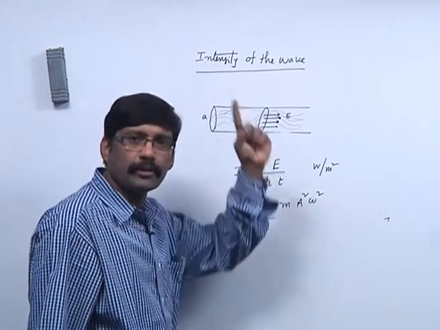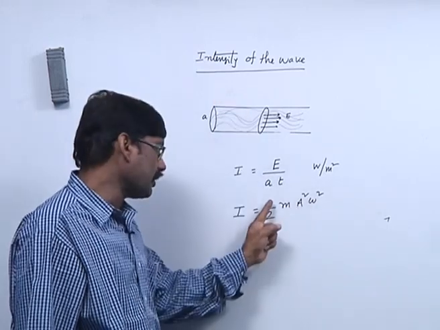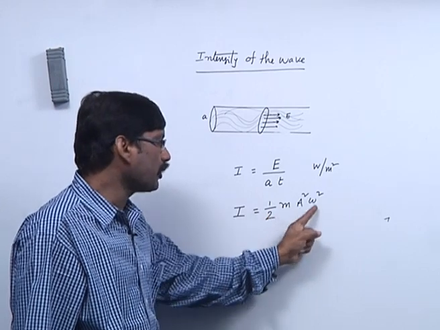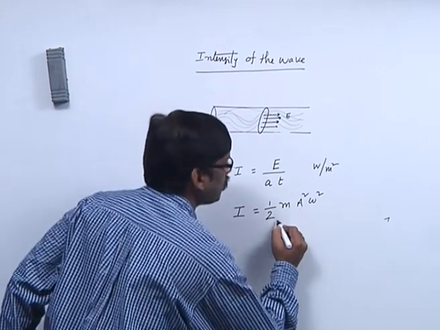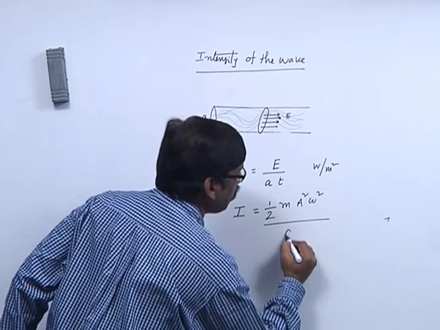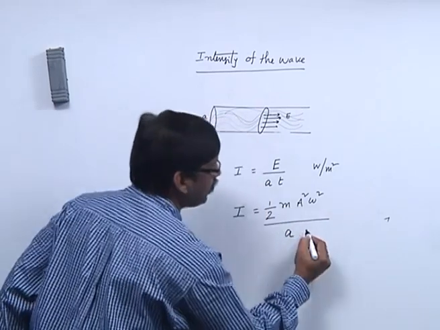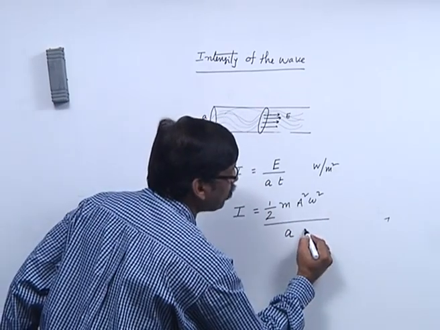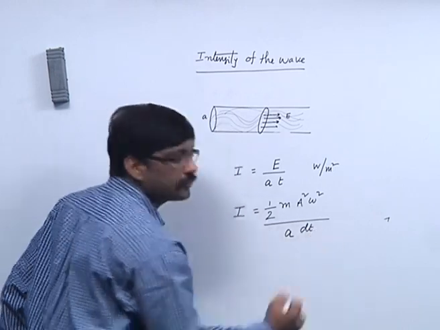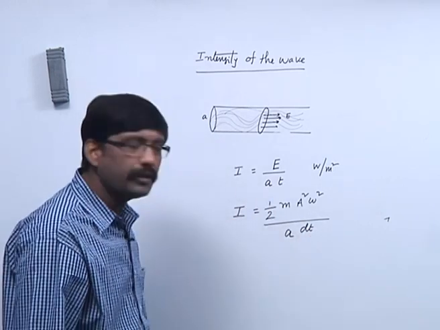This is the same as our SHM energy equation, half m a square omega square, divided by the area of cross section into a small interval of time dt.